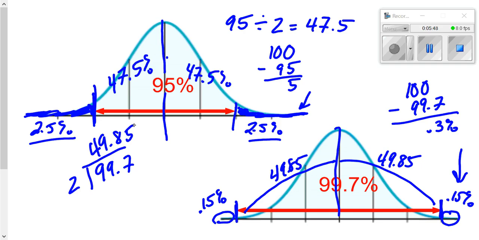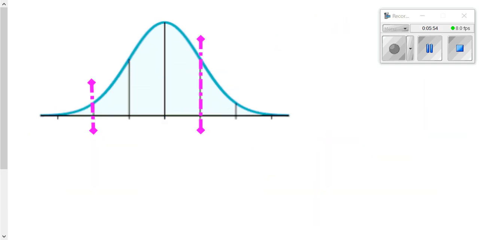Now, you still can find pieces other than these if you combine what you just figured out. So for instance, if I want to know from 2 standard deviations below to 1 standard deviation above, I can use these pieces that we figured out earlier to do that. So this guy is 2 below.